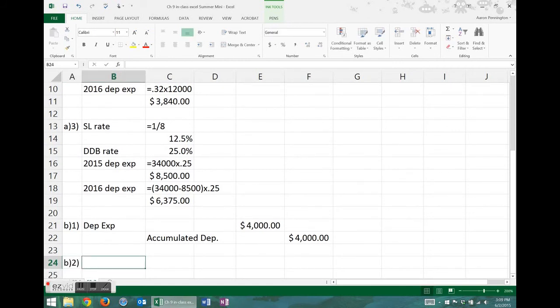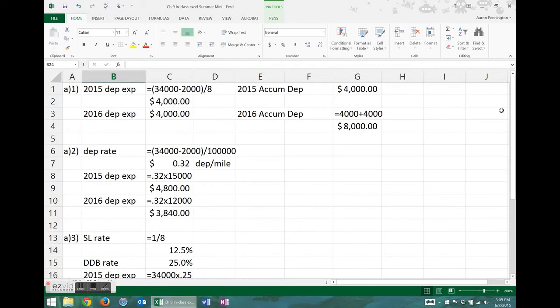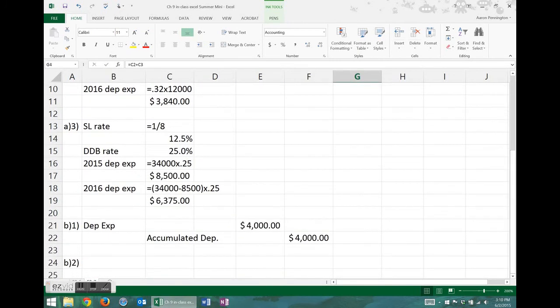B2. Show how the truck would be reported in the December 31st, 2015 balance sheet. All right? So we computed accumulated depreciation for 2015 and 2016. It asked for how it would look on the balance sheet, so we're just going to do the equipment section.